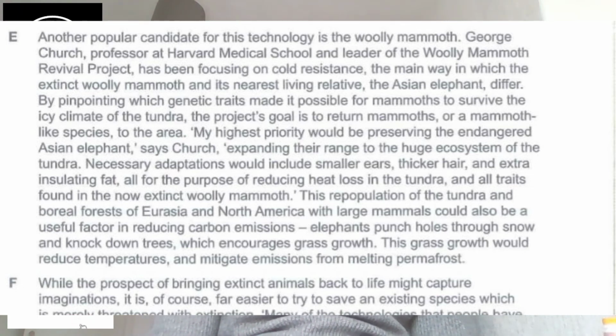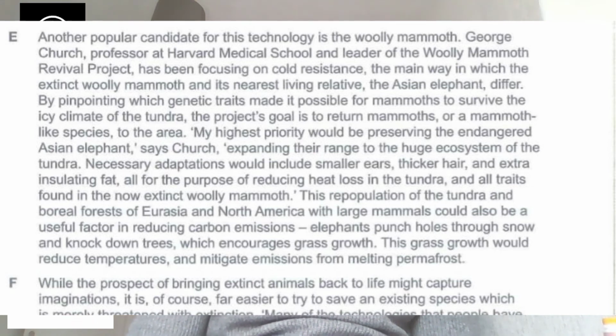If you read all those things, they are just unnecessary stories. So I like to go to the end of the paragraph. Now, this repopulation of the tundra and boreal forest of Eurasia and North America with large mammals could also be a useful factor in reducing carbon emission.